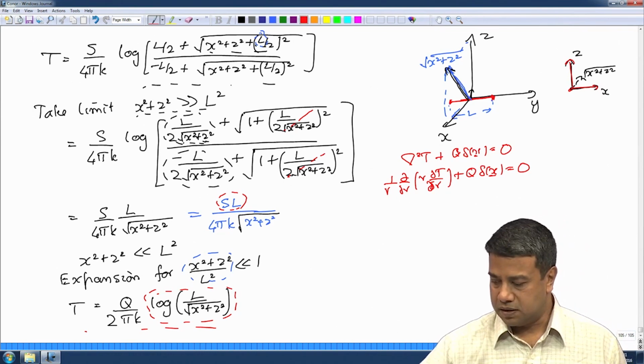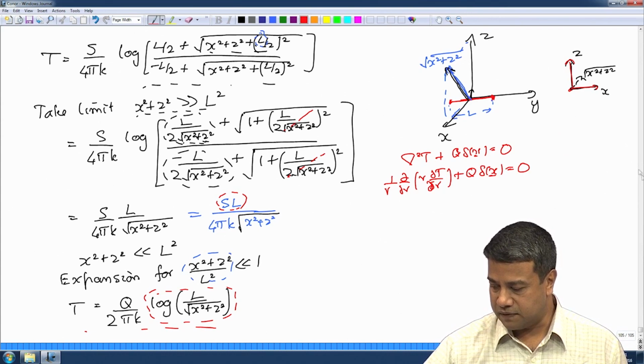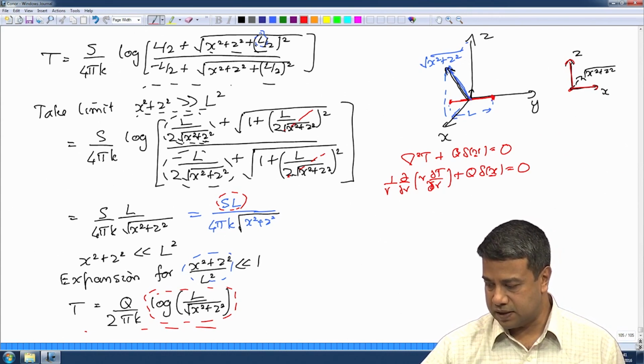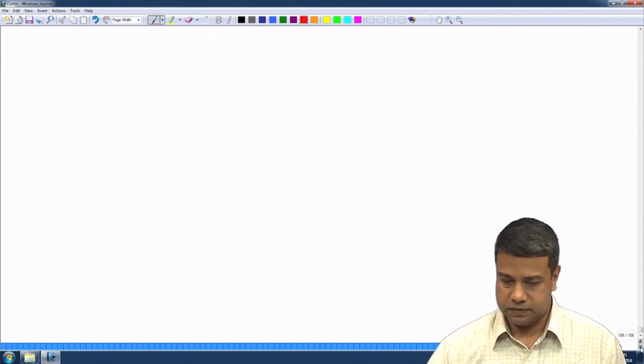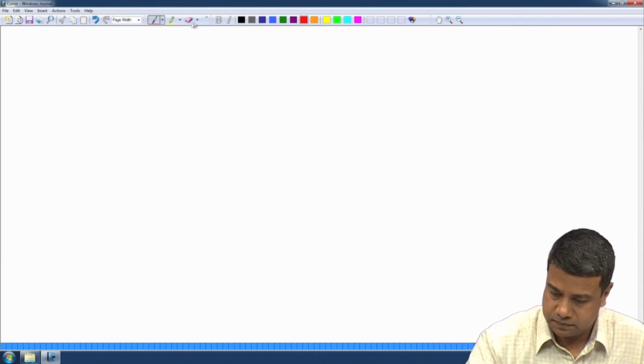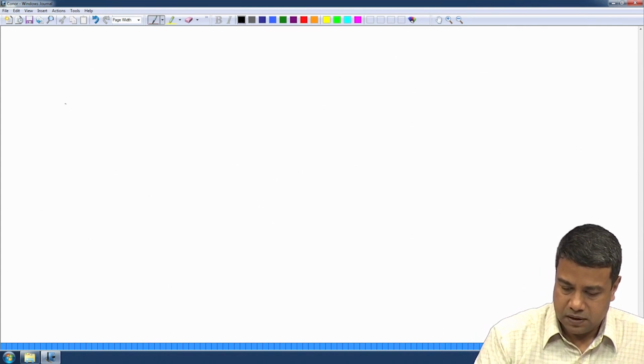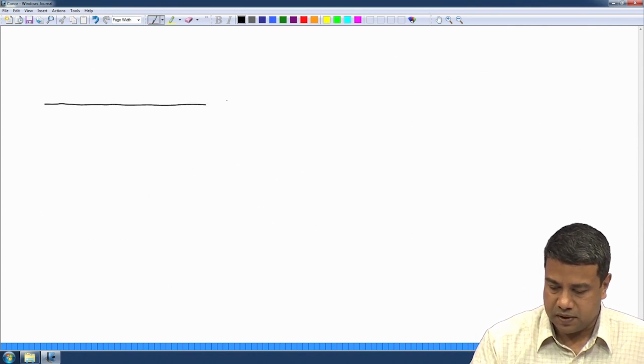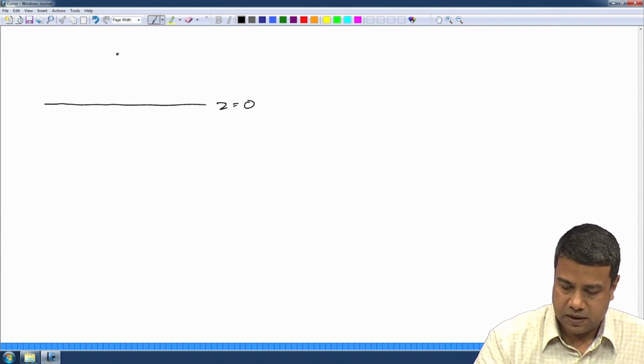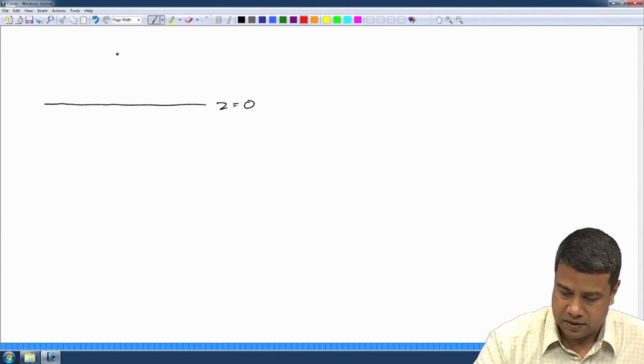Okay. Real problems invariably have physical boundaries. So, how do we extend this for the case where we have a physical boundary? Okay. So, let us say that I had a boundary here. I will call this z is equal to 0, and I had a point source at this location.